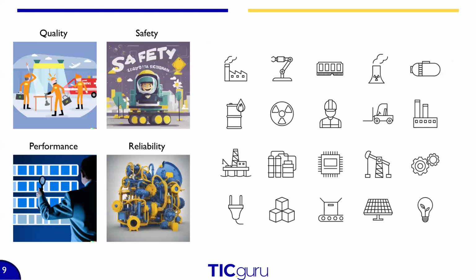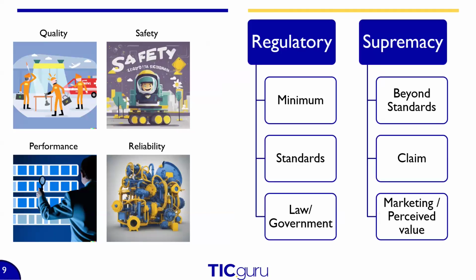Coming back to the four aspects that we started with, which we see around us that drive the assurance industry across industries. Add to this, there are two more demand drivers for the assurance industry. These drivers, I call them regulatory drivers and supremacy drivers.